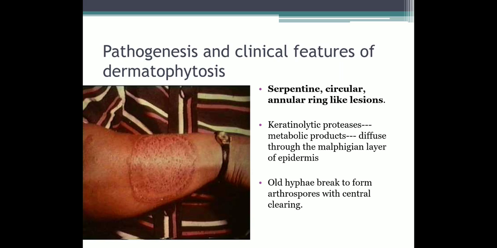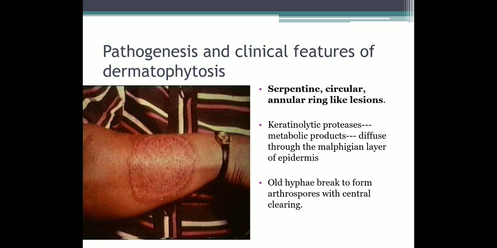So what actually happens? Why do these annular skin lesions occur? This primarily occurs because of the proteases present in these dermatophytes, which destroy the keratinaceous tissues. The metabolic byproducts of these tissues diffuse through the Malpighian layer of the epidermis.